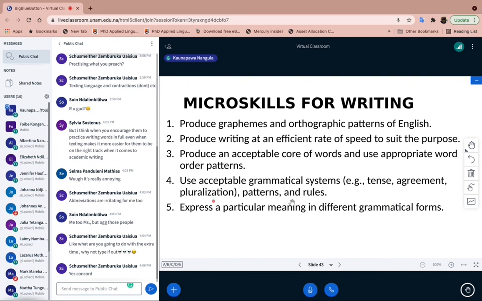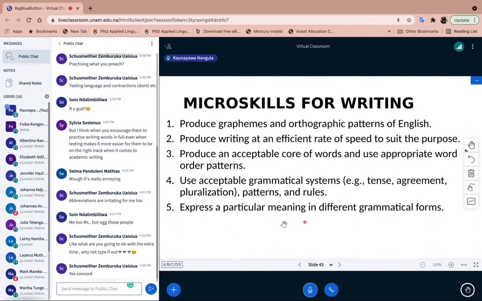And then the patterns and rules are followed because when it comes to formal writing, for example academic writing, there are certain grammatical systems that are expected of us. We are given a blueprint of what we should follow when we are writing formal writing.